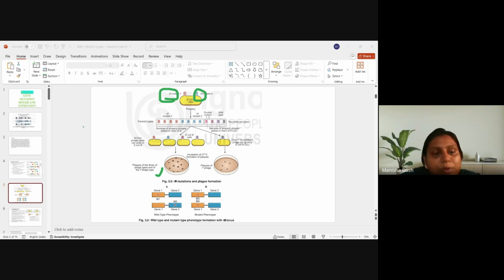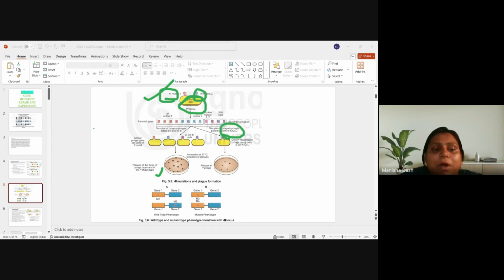Now, this mutant bacteriophage can infect a bacterium called E. coli K. The mutant form of the bacteriophage can kill the E. coli K. But there is another type of bacteria called E. coli K12 lambda.